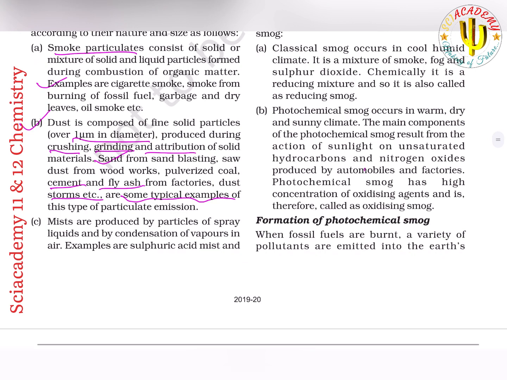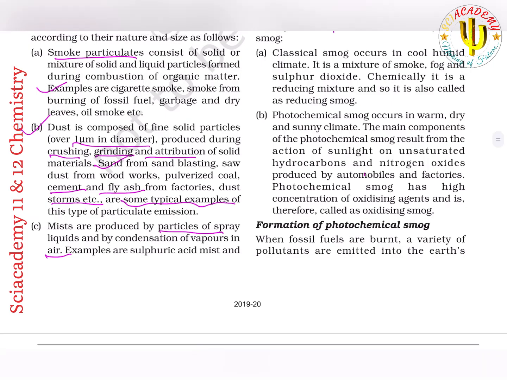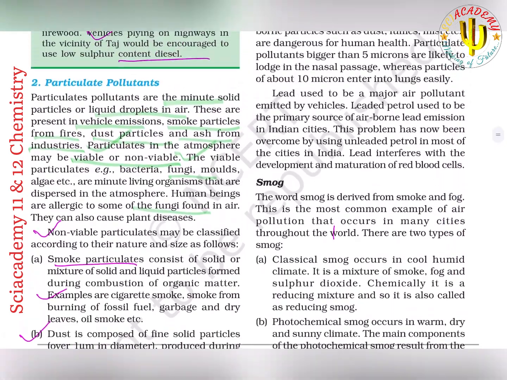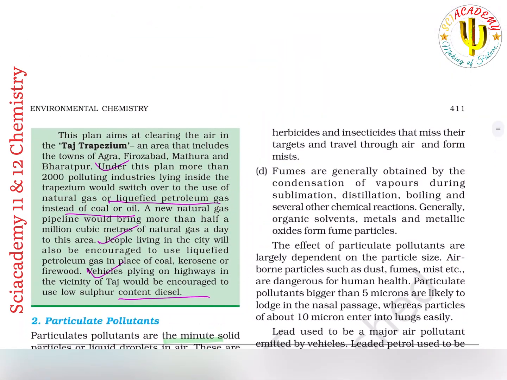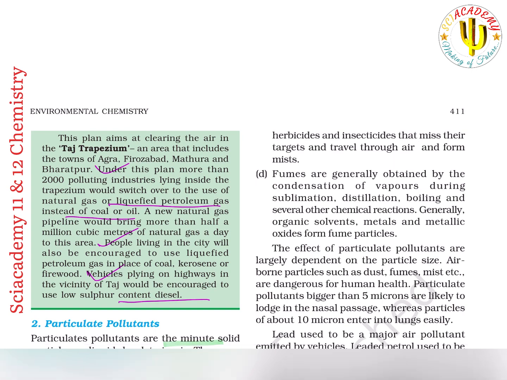C. Mists are produced by particles of spray liquids and by condensation of vapors in air. For example, sulfuric acid mist and herbicides and insecticides that miss their targets and travel through air and form mists.